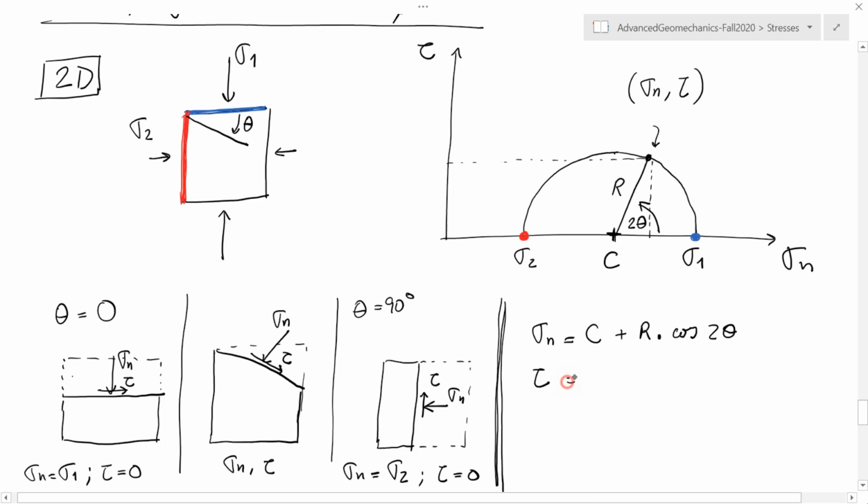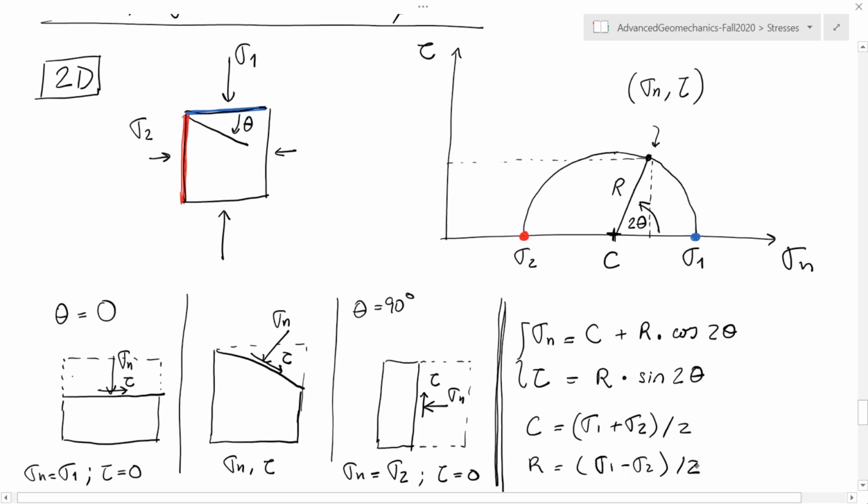And tau is going to be equal to the y coordinate, which is just the radius of the circle times the sine of 2 theta, where the center of the circle is sigma 1 plus sigma 2 divided by 2, and the radius is sigma 1 minus sigma 2 divided by 2.